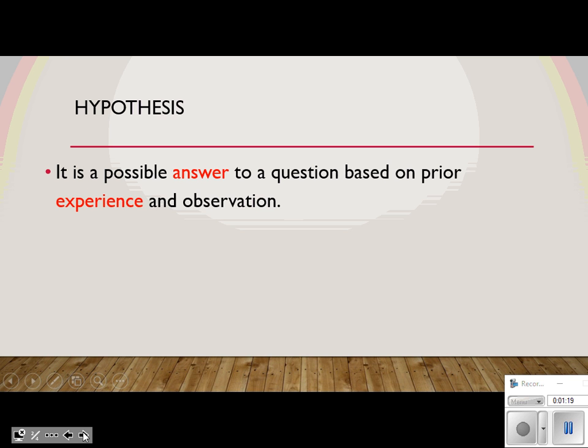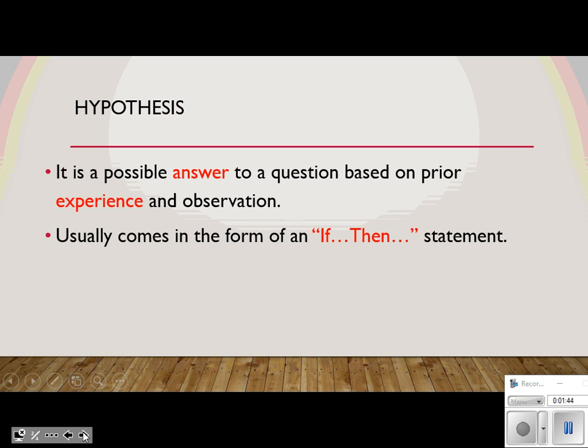First of all, it is a possible answer to a question based on our prior experience and observation. So it's based on our prior experience, and it's a possible answer to a question. It usually comes in the form of an if-then statement.